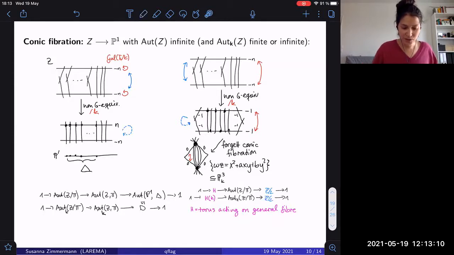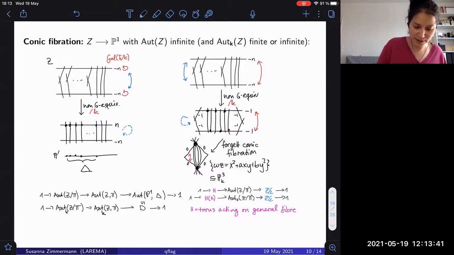Now the other option is that your Galois group exchanges the 2 -n sections. So this means over K, your minimal model is not going to be a Hirzebruch surface, but it turns out that you can always contract some components and arrive on a minimal model, forgetting the G action, where the two sections become -1 curves.